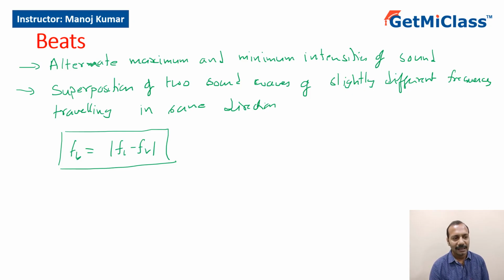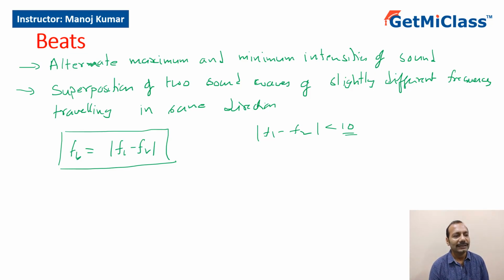That means I should not have more than 10 beats per second to clearly hear the beats. So we can clearly hear the beats if f1 minus f2 is less than 10. Otherwise we cannot hear the beats. Now this is what beats are and how they are produced.